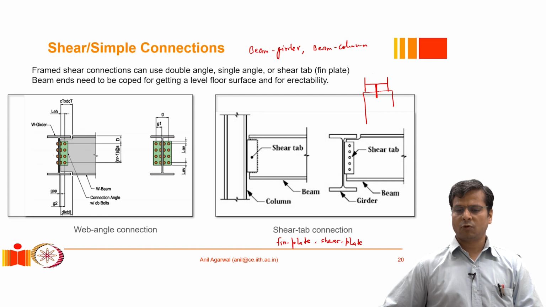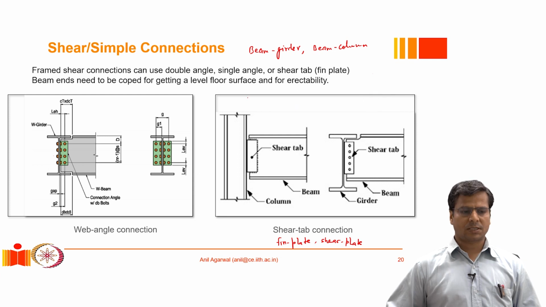So either we cope the top flange again completely, like what is shown here, or sometimes we don't cope it completely, but we cope it from the sides so that it allows some space for the column flanges. So these are some of the additional considerations that we have to pay attention to when we provide shear simple connections, which may include a shear tab or single or double angle connection.